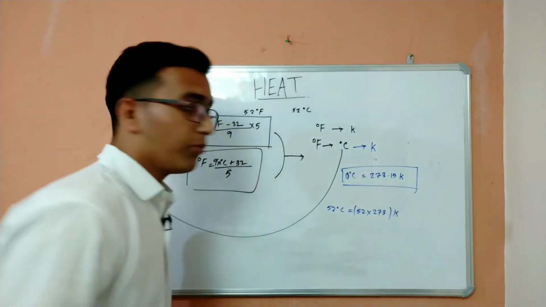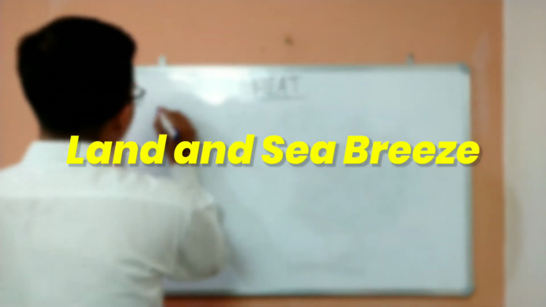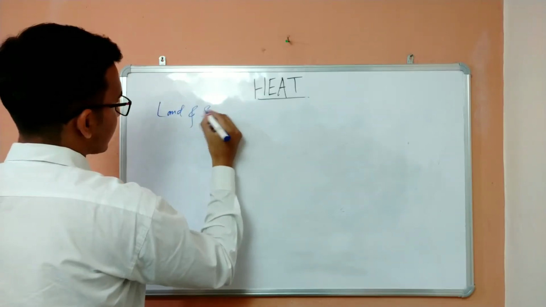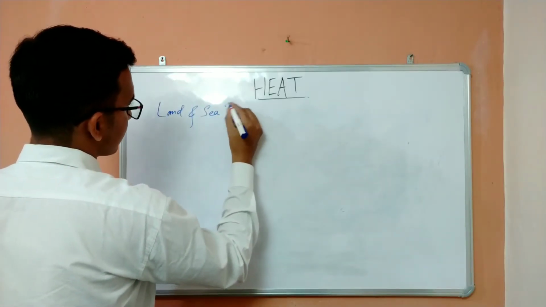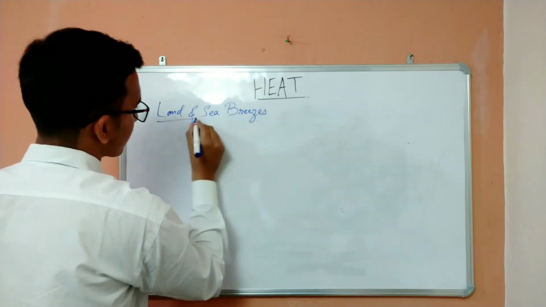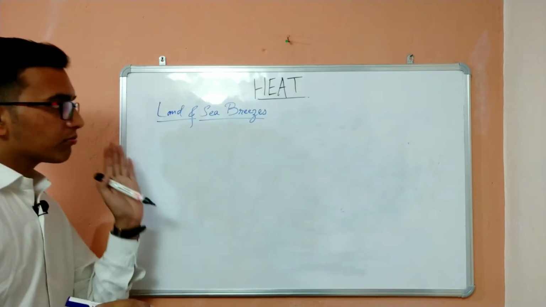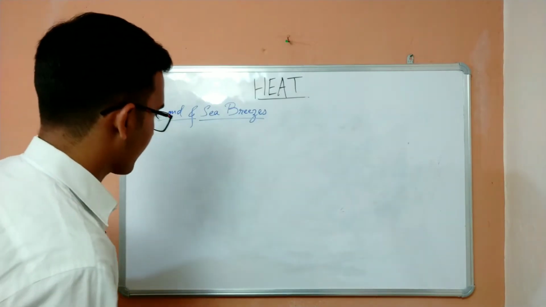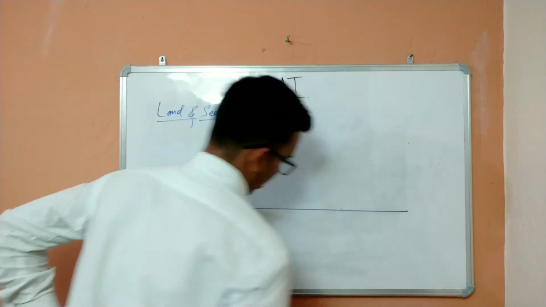So, moving on. Now we are going to learn about land and sea breezes. But before learning about land and sea breezes in detail, let me tell you one thing. Suppose this is a plot of land.